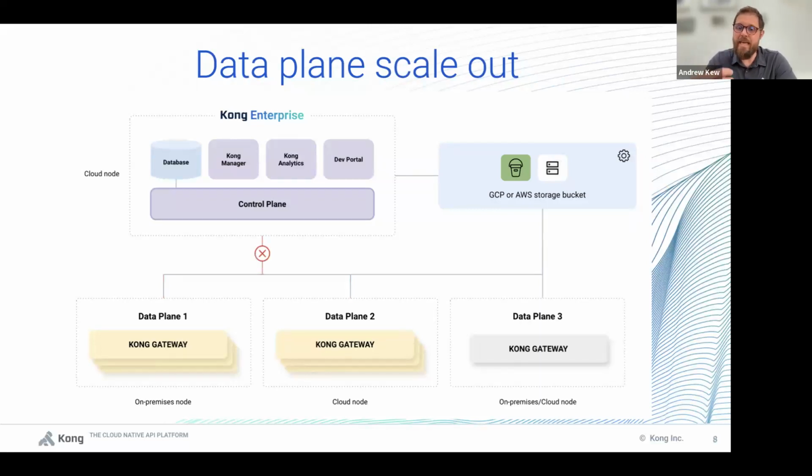And then when the data plane comes up, if it can't connect to the control plane, it will connect to your external storage, pull the configuration, load itself up, and then start managing traffic. Once the connection comes back again, it will connect to the control plane and then obviously receive any additional configurations if there have been any since that backup.